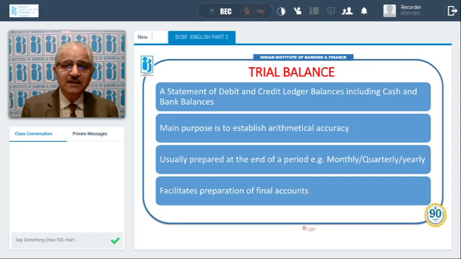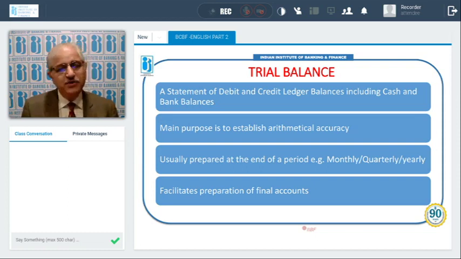Since we are following double entry bookkeeping, for every debit there is a credit of the same amount. This trial balance should match. Debit balances total should be equal to credit balances total. So we prepare this trial balance just to check whether the entries made by us are correct.